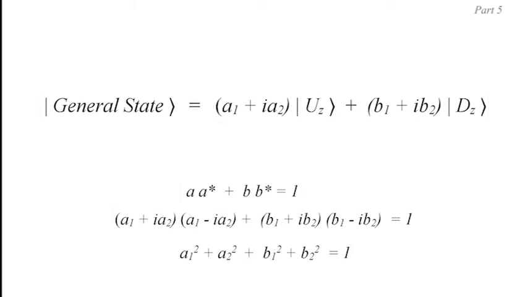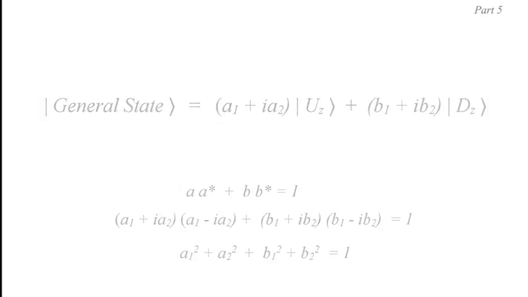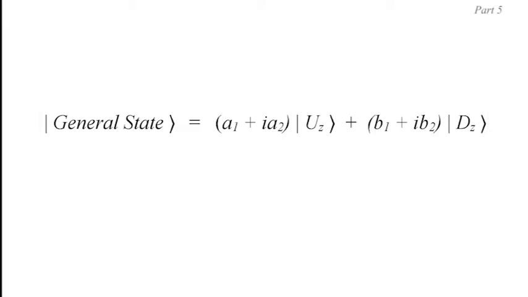I hope it's obvious by now that if you had a general state such as this, which had definite values of the A's and B's, but you didn't know what they were, then you would not know which direction the spin was pointing in. It would be a bit like our hypothetical imagining of an electron in a paper bag. It's there, we can't see it, and unless we know something about its history, we can't know about its spin until we measure it.